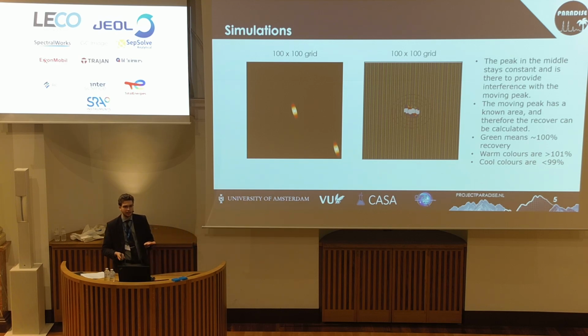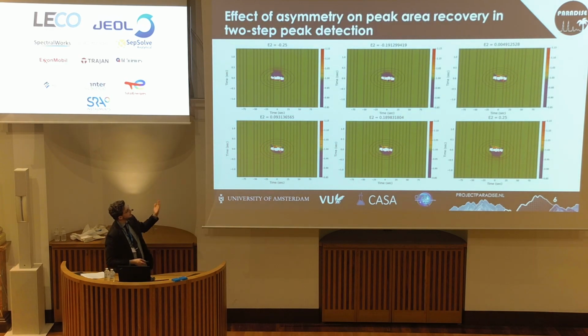Now, what does a series like this look like in reality? This is a series where in the top left, we move from very heavily fronting to very heavily tailing in the bottom right. So you see this blue cloud that appears here and then sort of centers around it and then starts moving to the bottom.